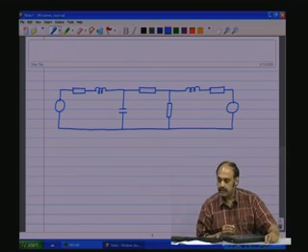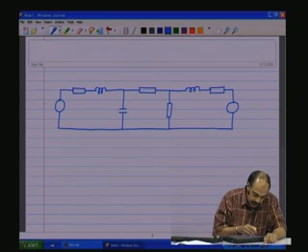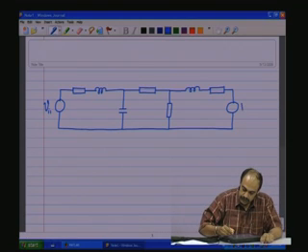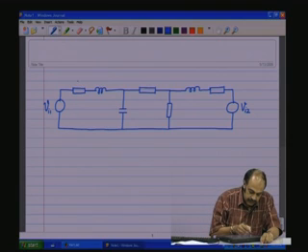So, we could consider a circuit which is something like this. We have a source VI1 and another source VI2, two sources.